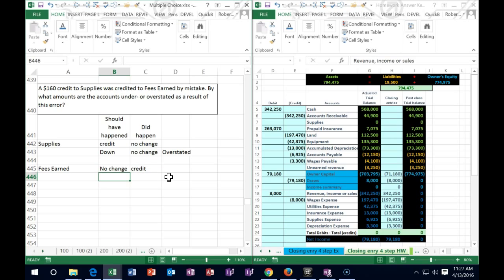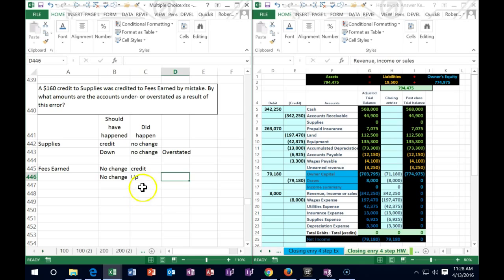So what should have happened? Should have had no change, which means it wouldn't have gone up or down. What did happen? It got credited. Well, what does that do to fees earned? Does it make it go up or down? Well, fees earned has a credit balance in it, and we know that if we credit something with a credit balance, it's doing the same thing. We'll make it go up. So what did happen? Went up.